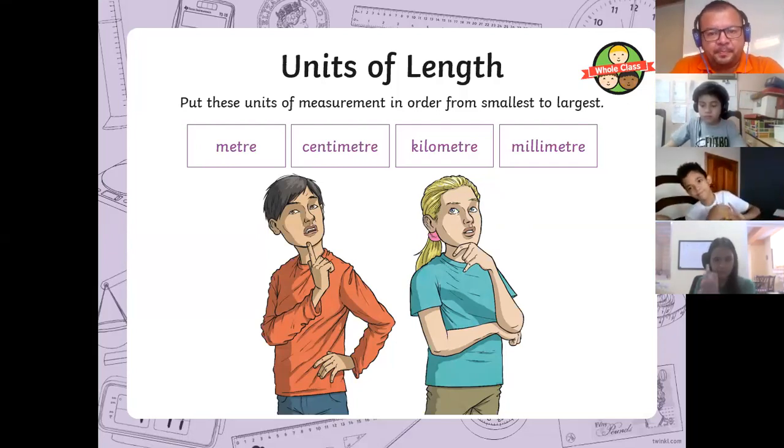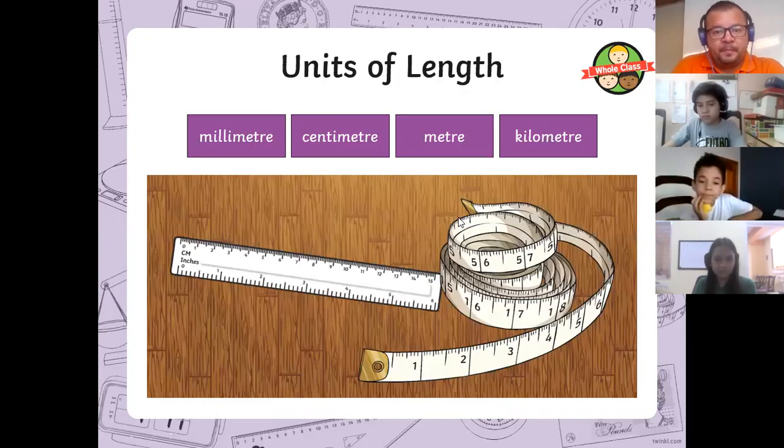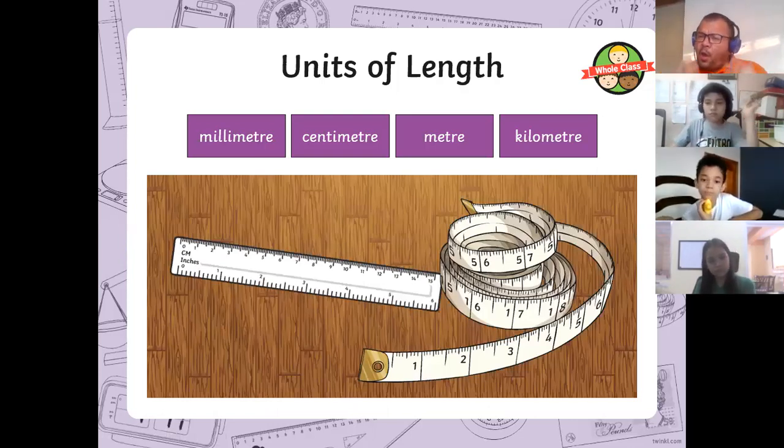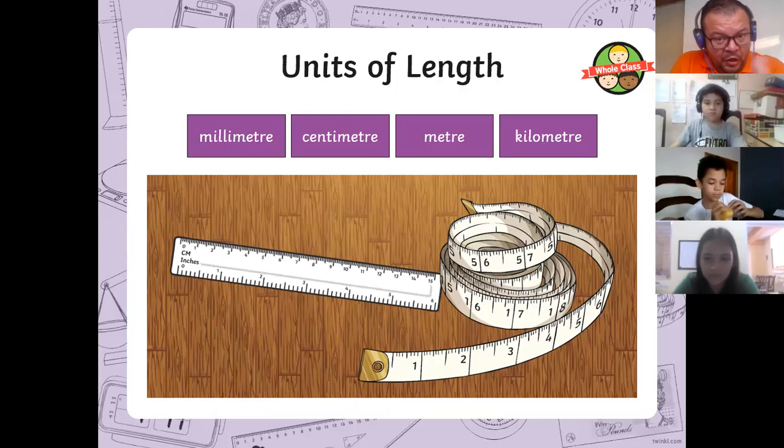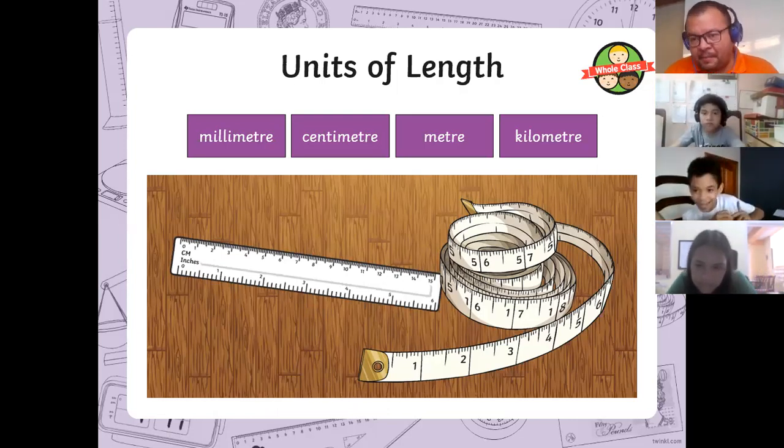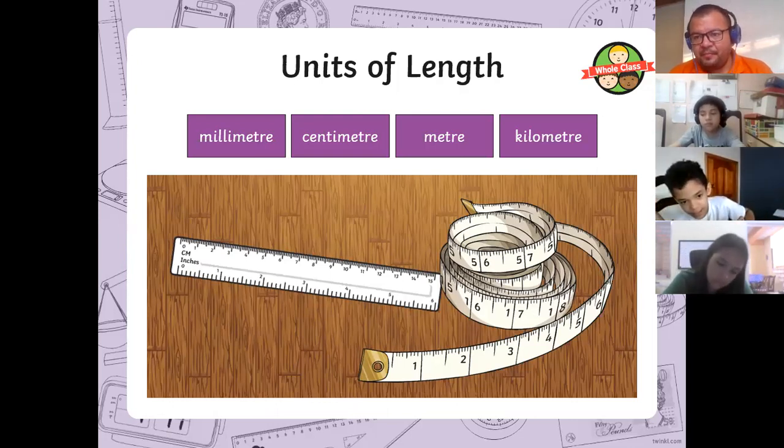Okay, let's continue. Now, all of these ones are units of length. Which objects do you think we can use to measure? We have a ruler. We have this thing that we call cinta métrica in Spanish, a metric belt, we call it in English.